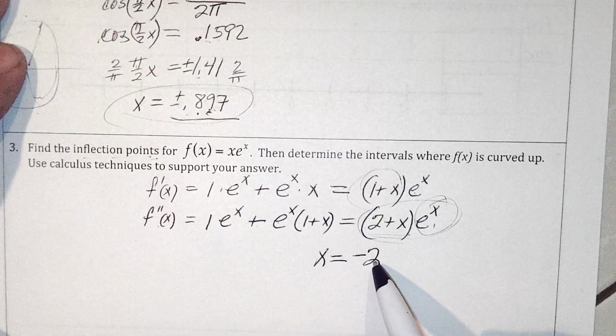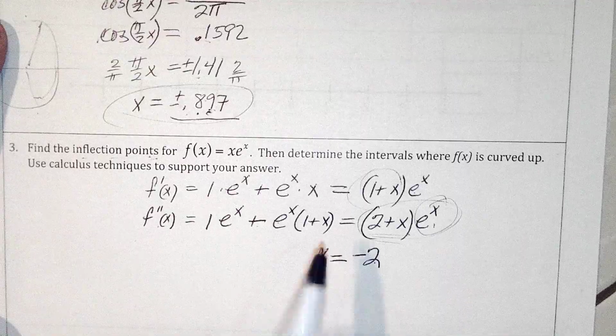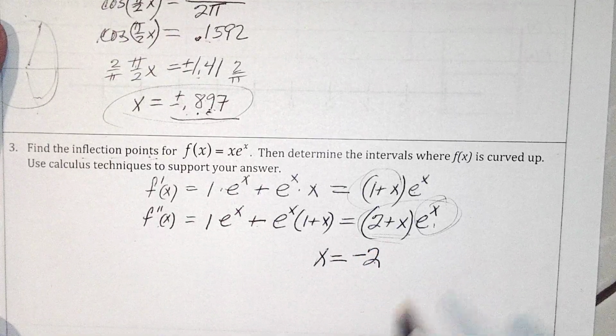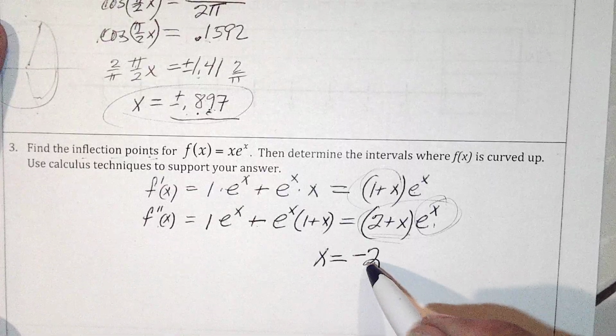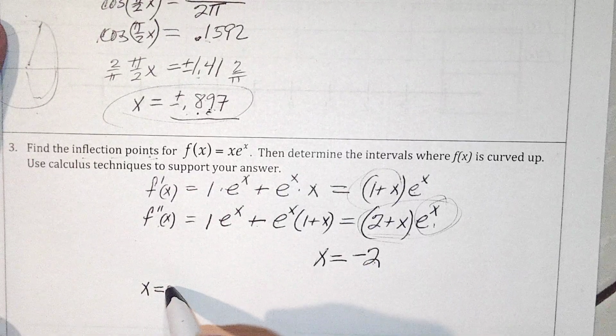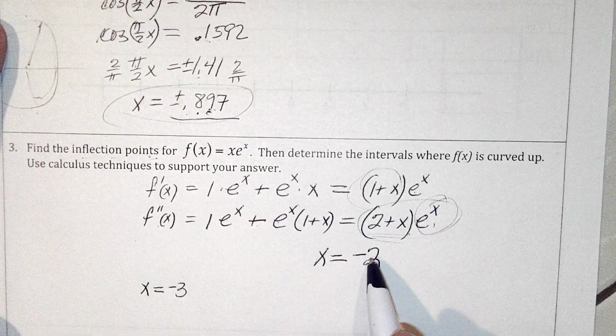And to see if it's concaved up or down before that, because it's going to be all of one on one side and all the other on the other side, I'm going to put something smaller than -2. So I'm going to try x equal -3. That's between -infinity and -2.